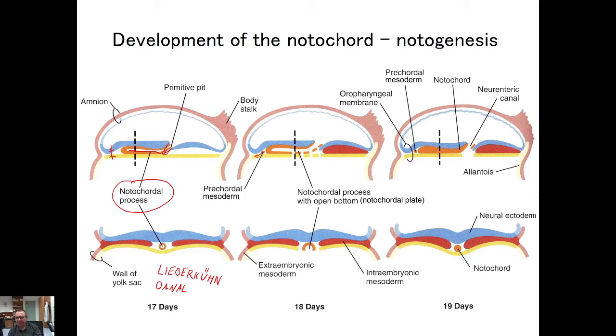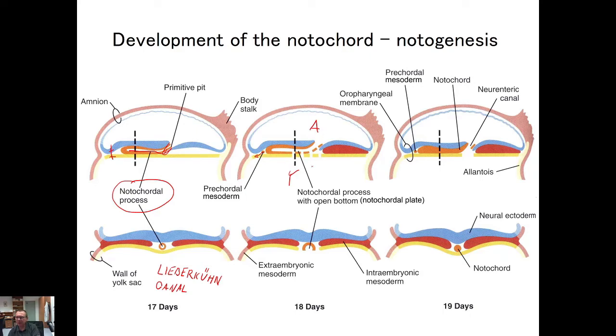The next step, you can say, one day later, it was day 17, now the 18th day. During the 18th day, the next step of the formation of notochord is here. The ventral wall of the notochordal process is fusing with the endoderm, and both these tissues become interrupted after this fusion, and communication between the yolk sac, which is here, and the amniotic cavity, which is here, is forming.